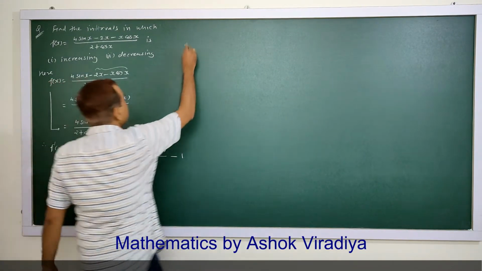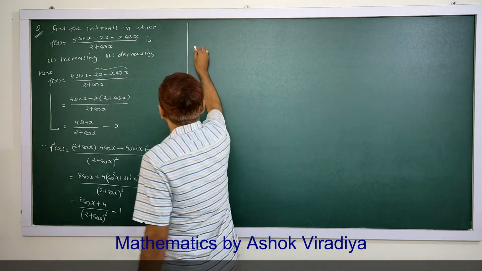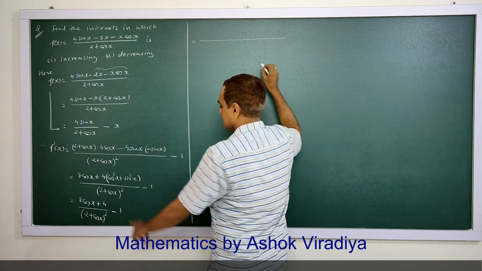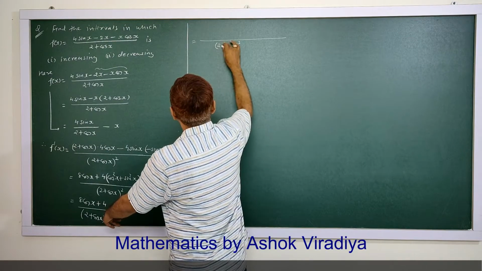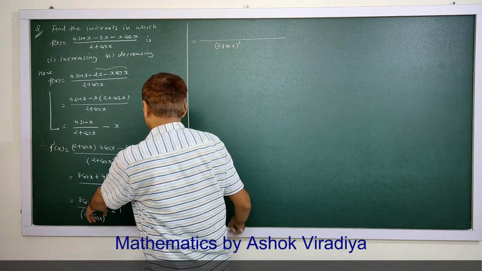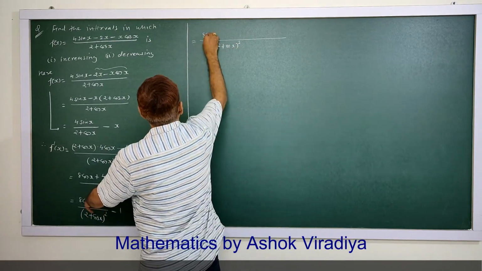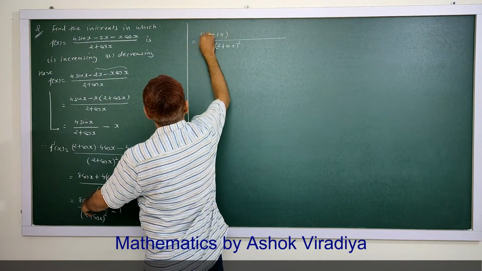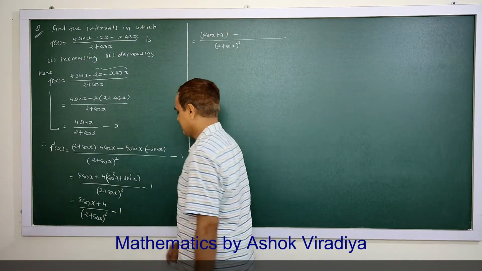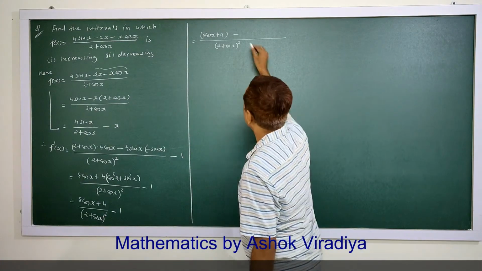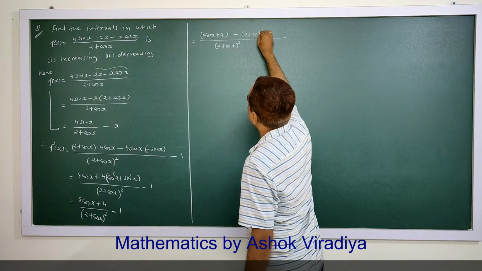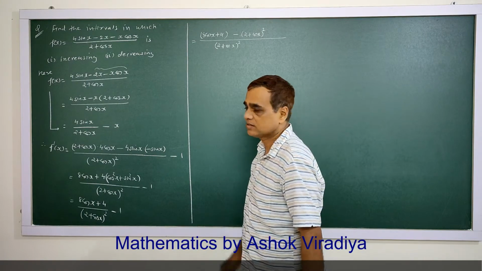Taking the LCM, (2 plus cos x) whole square, 8 cos x plus 4 minus, this will be multiplied with (2 plus cos x) whole square.